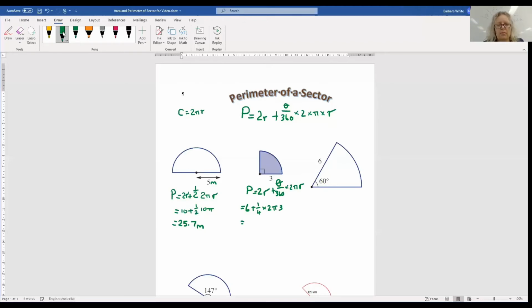And then I'm going to pick up my calculator, and I get 10.71, and that's going to be meters.